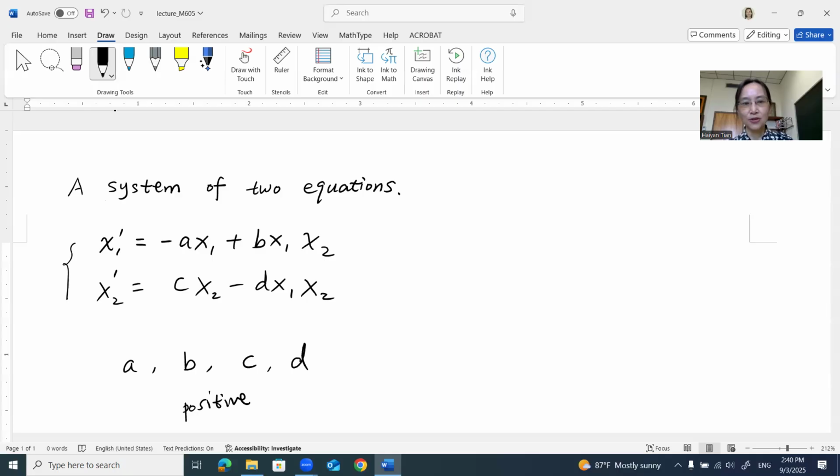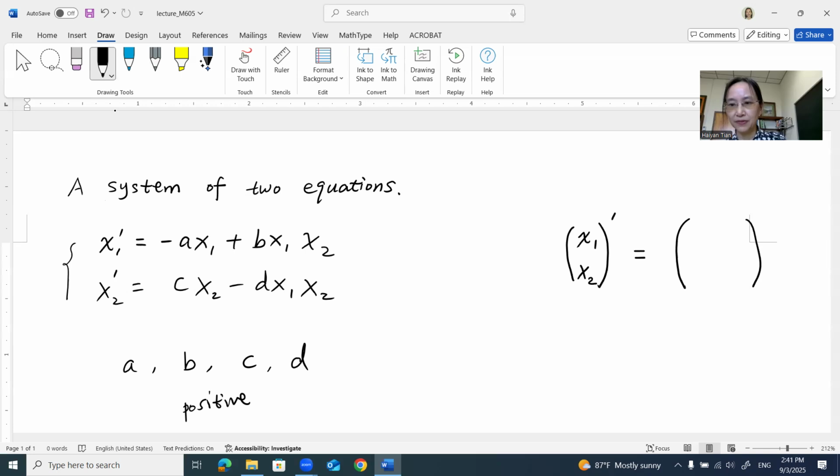So let's write the unknown functions as the components of a vector. So it's actually a vector of two components and the derivative of the vector. So here we have the left side of the system. The right-hand side is another vector, right?